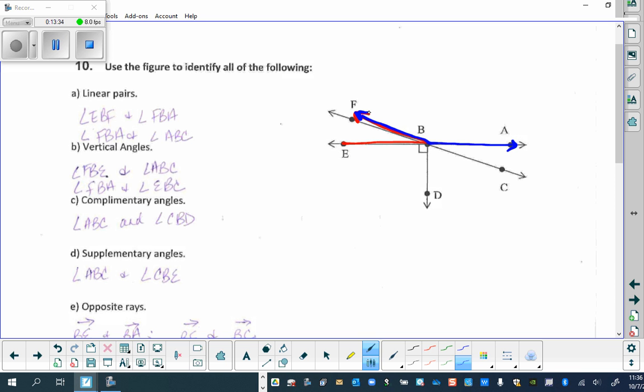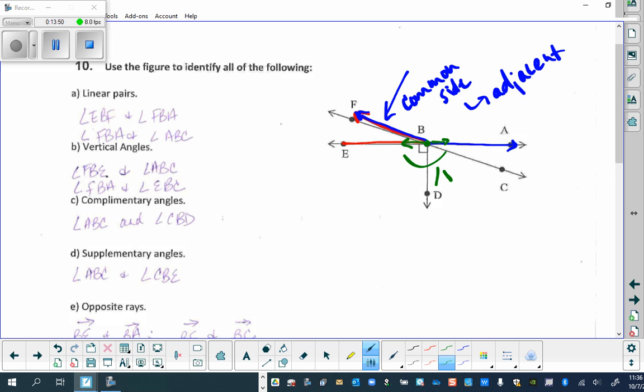Having them both share this common side makes them adjacent, and having them have opposite rays makes them supplementary. So any two angles that are adjacent and supplementary.